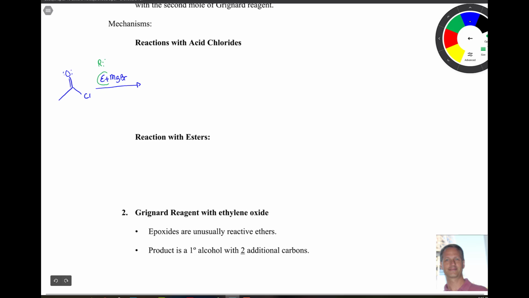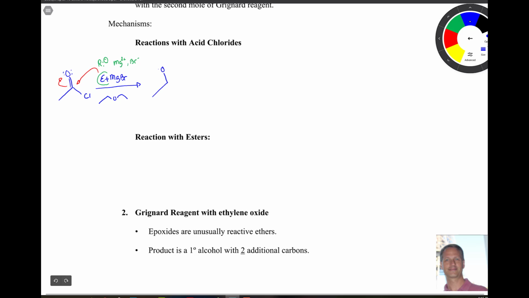If we're thinking of this in two parts, those are the parts that you have there. And then we need to use ether as a solvent here. So first step here is that ethyl group comes over and attacks that carbon.